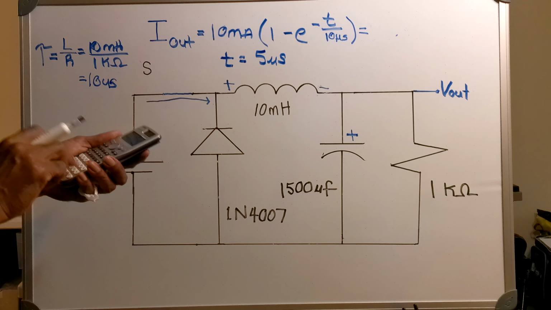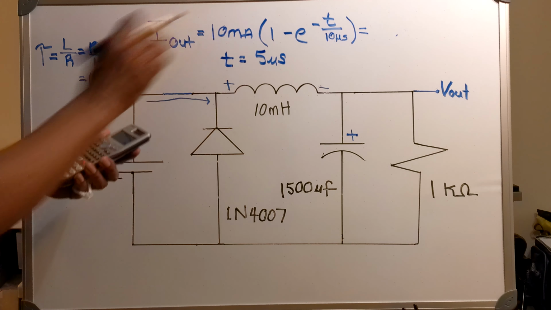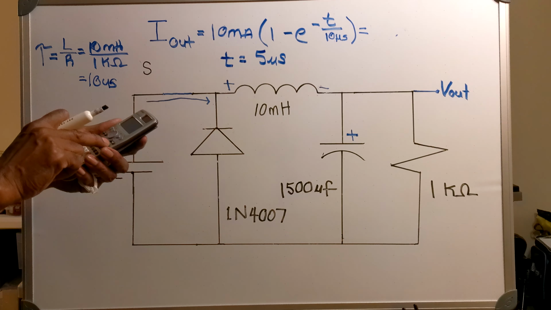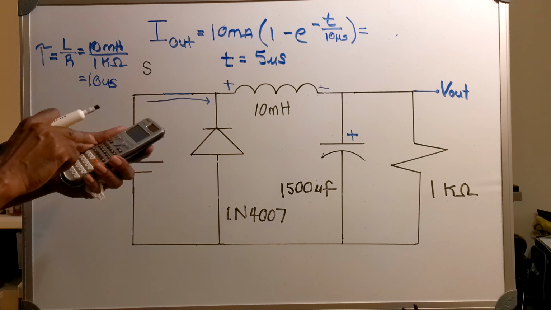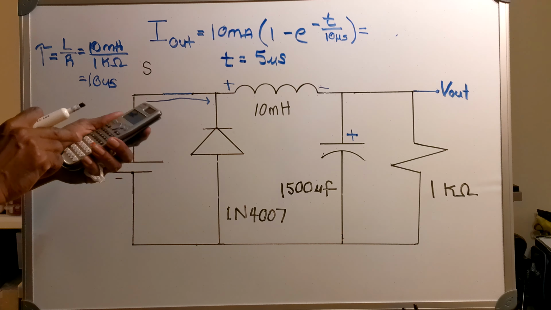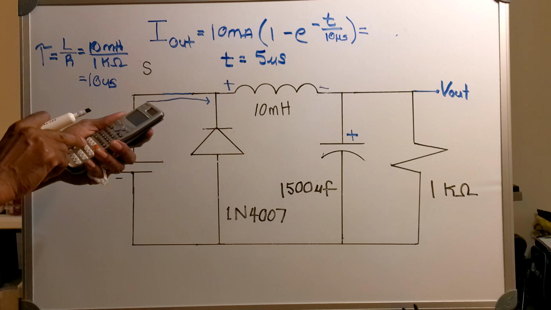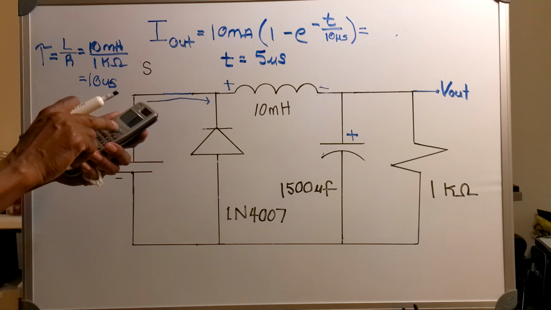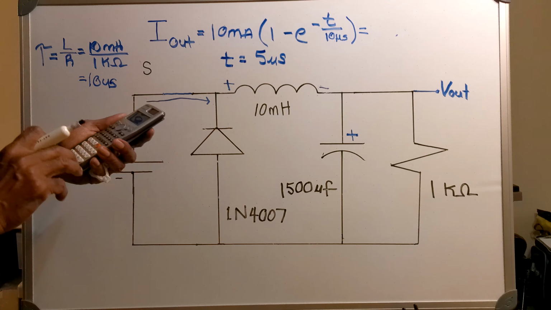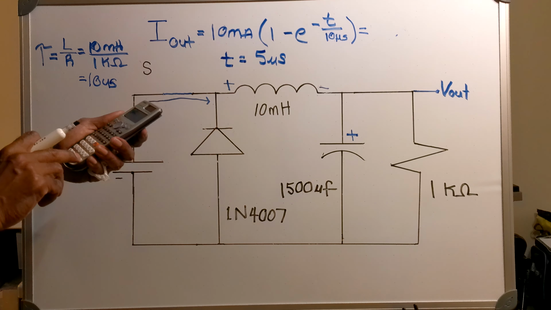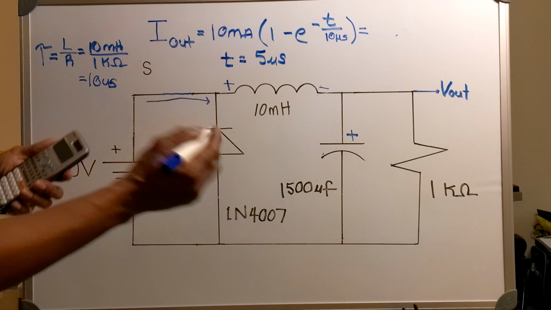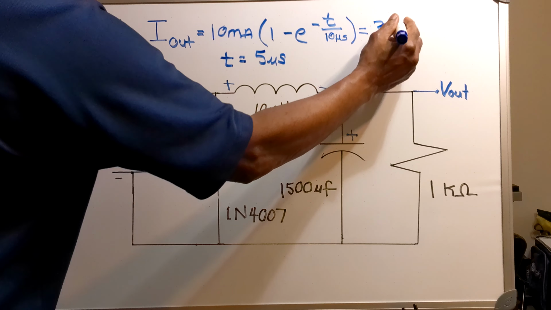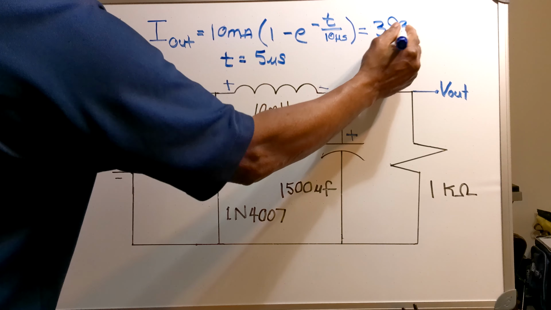So I'll go 10 milliamps times 1 minus e to the negative 5 microseconds divided by 10 microseconds. And that gives me a current of 3.93 milliamps.